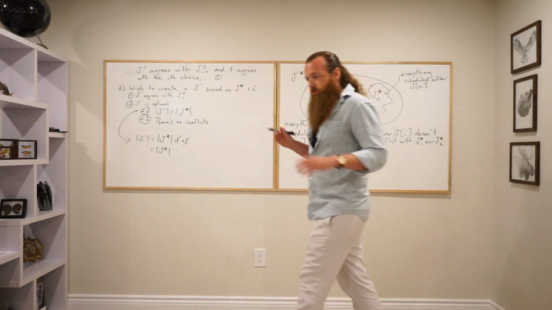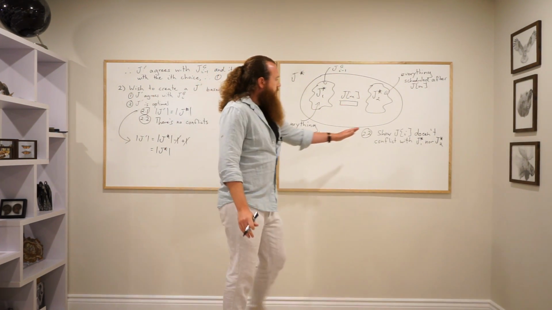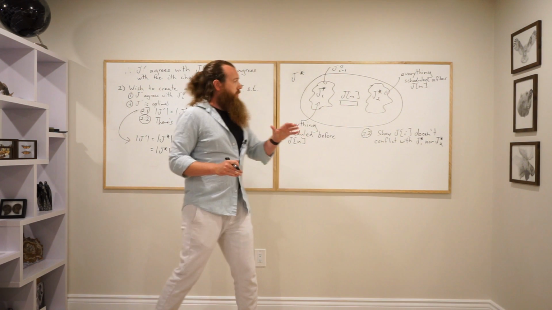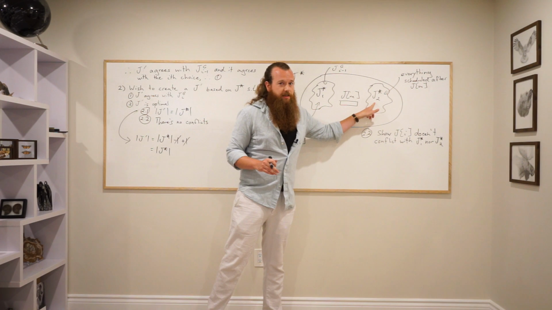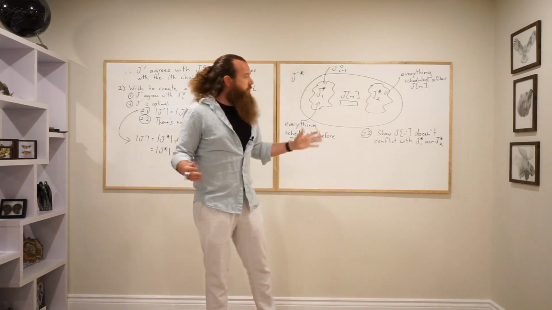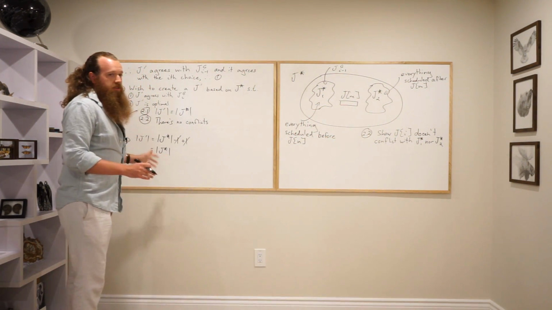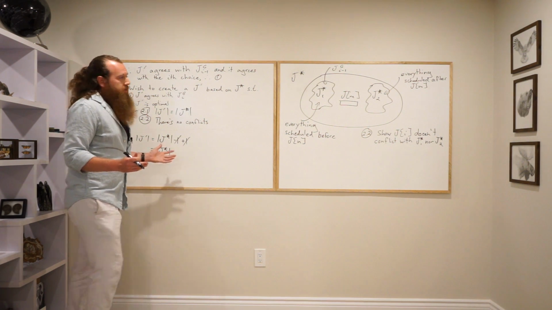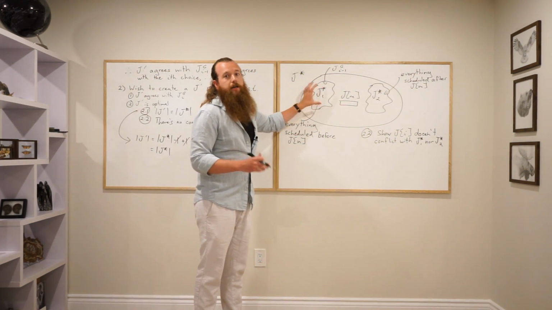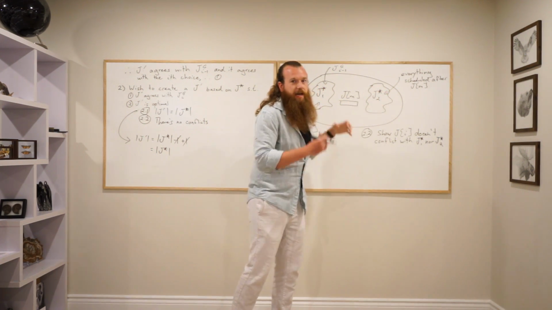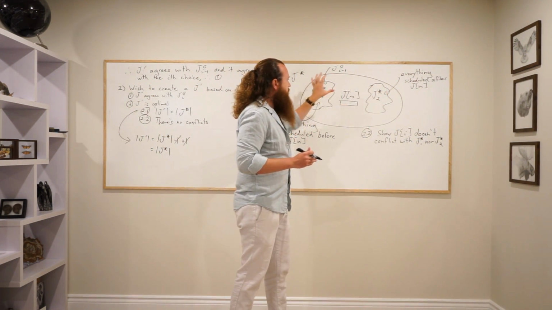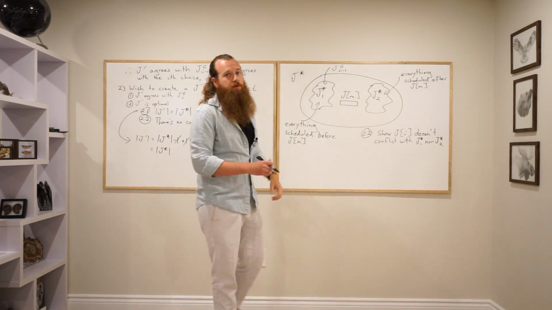Remember, if the job Ji doesn't conflict with anything in this set and doesn't conflict with anything in this set, then the set J prime doesn't have any conflicts in it. Why? J star is optimal, so we know there's no conflicts here. If we add a new job and it doesn't conflict with either of those sets, then there's no conflicts overall.